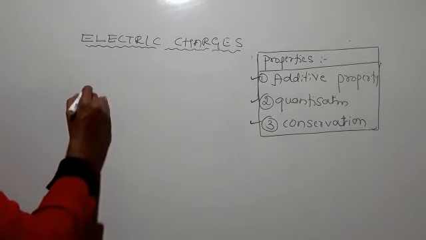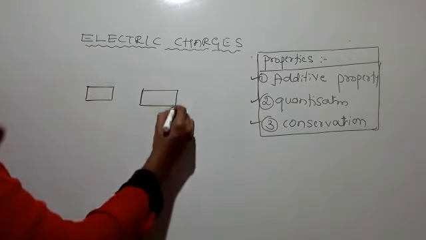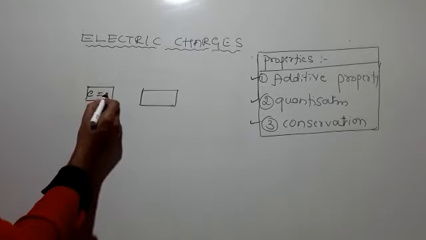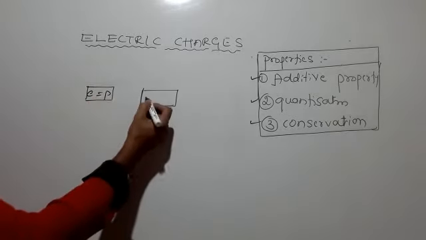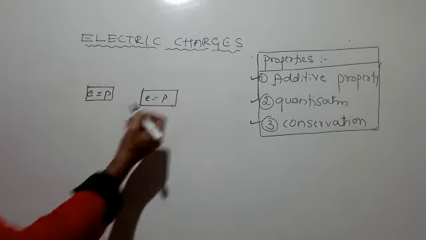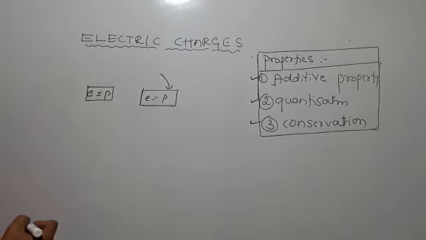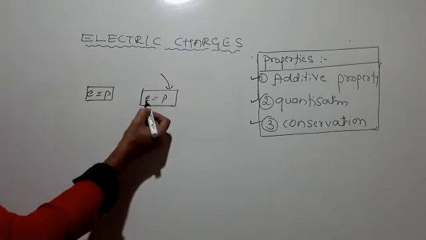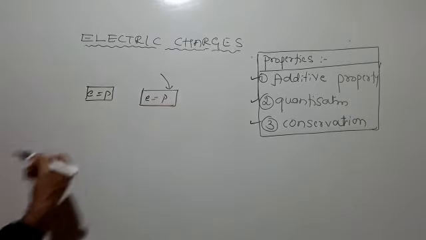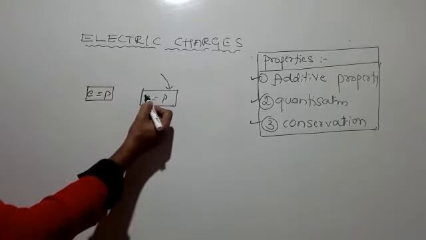Say for example, we have two conductors like this. Initially the number of electrons is equal to the number of protons. Here also the number of electrons is equal to the number of protons. Now, if you want to make this one a negatively charged conductor, add electrons. If you add electrons, then the number of electrons increases compared with the protons.